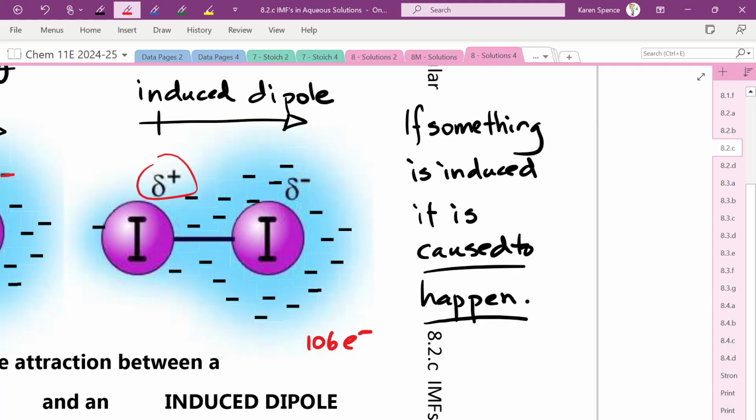This actually goes to explain, do you remember how we had to learn in the reactions unit that iodine is a solid and bromine is a liquid and chlorine is a gas and fluorine is a gas? Well, if you say to yourself, iodine has tons of electrons, therefore it can form a fairly large temporary dipole.